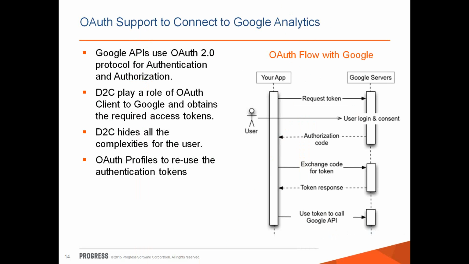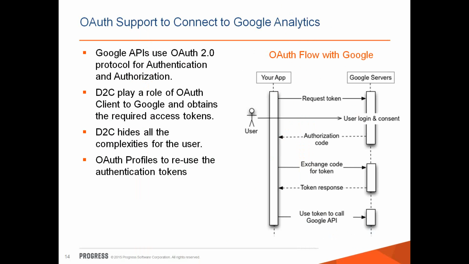On the left hand side is your application, and on the right hand side you have a Google server hosted. In order to get a token, you request a token, and Google will redirect you to provide your login credentials for your Google account. Once you provide the required credentials, you will be shown the access permission list that you can give from your account to the application that is requesting the access.